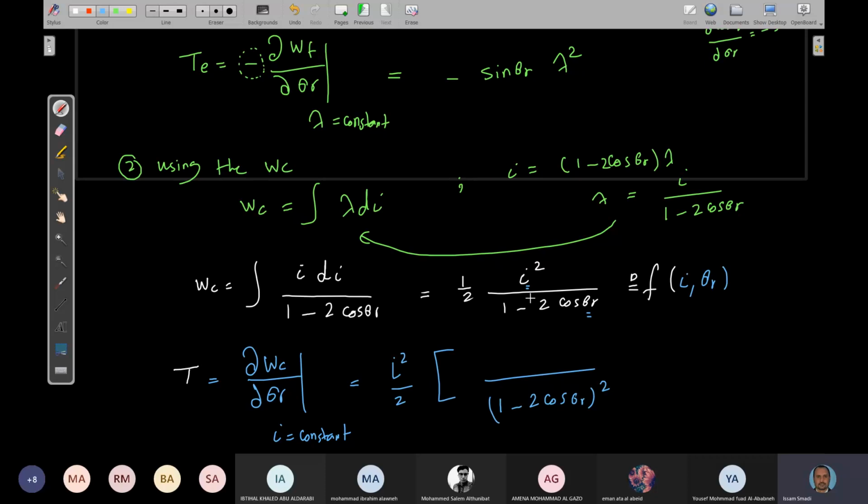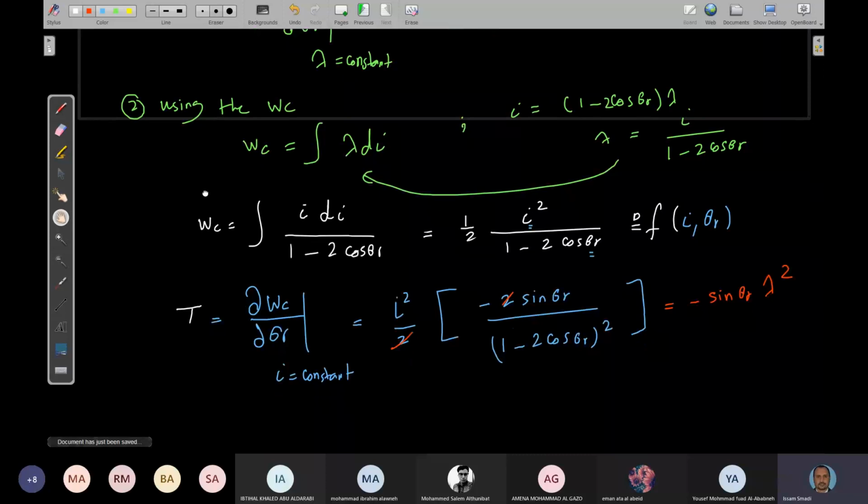And here I'm having this one here, which will be the minus. Then I have another minus, so it will be a minus 2 sine theta r. So this 2 will eat this one. And if I substitute instead of I square 1 minus cosine theta square with lambda, this is again 2 minus sine theta r lambda square.